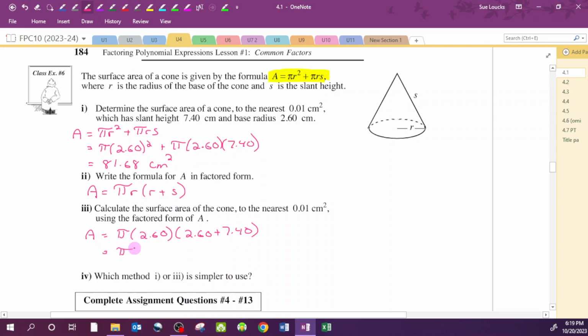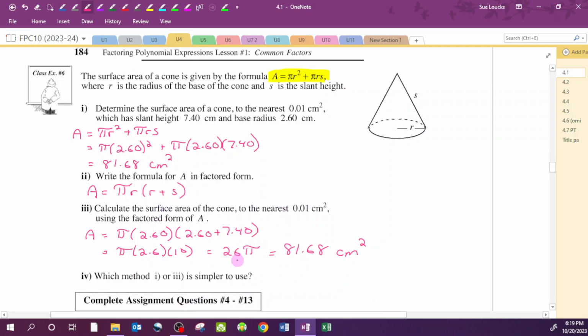When I do some math, this is 2.6 times 10, which equals 26 pi. Then I just hit the pi button once and I get 81.68 centimeters squared when I round it. So I get the exact same answer.